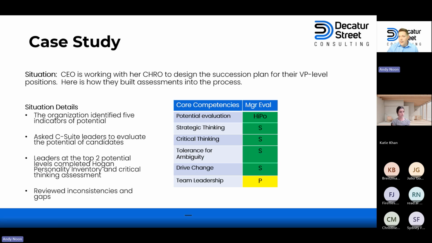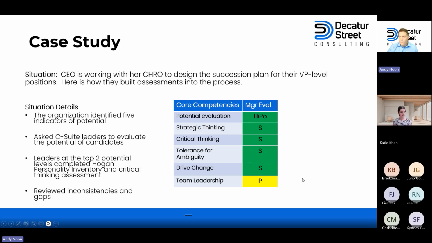So the manager, as you can see, evaluated this individual incredibly highly on 4 of the 5 characteristics, as well as team leadership. They had a proficiency level. As you think about this, they also evaluated the individual as ready now. This person could go into the next level of leadership without any problems.